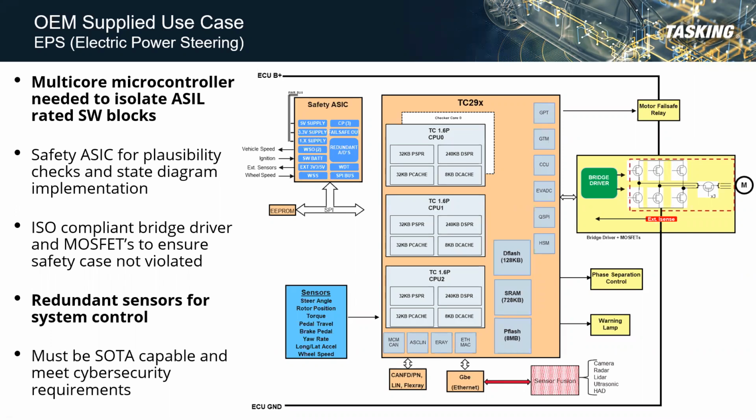And so in these instances, many different OEMs require multiple sensors performing the same function, maybe with a little bit of hardware diversity. And they also require some software diversity in terms of which peripherals of the microcontroller are used to measure or interpret those sensors. And we'll be talking a little bit more about that. And we'll also be highlighting software over the air capability and making sure that the system can meet the different cybersecurity requirements that are dictated by the OEM.